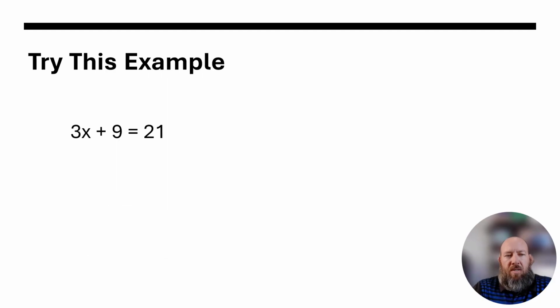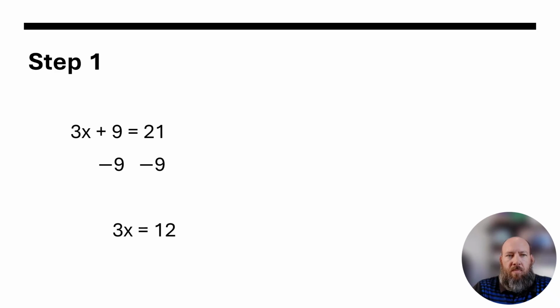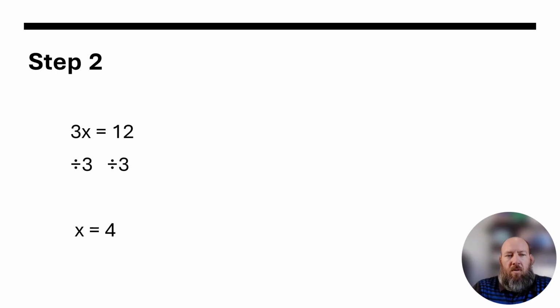So now try this example. We have 3x plus 9 equals 21. Step 1, we're going to subtract the 9 from both sides of the equation so that when we rewrite it, it is 3x equals 12. On the next step, again, we need to isolate the x from the 3.